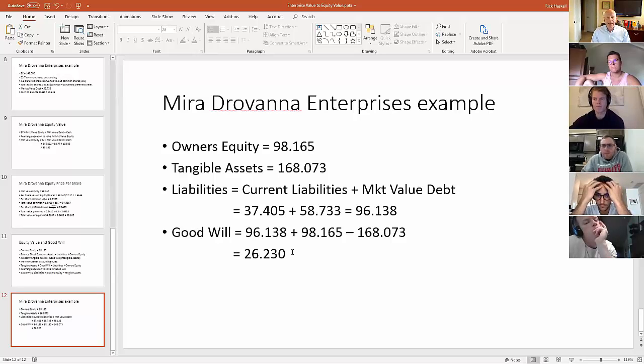Why wouldn't I just go out and, instead of buying Malmstrom Enterprises for $300 million, if it's got $200 million of assets on its balance sheet, why don't I just spend $200 million and buy its assets from it, or go out and spend $200 million and replicate its assets? Why would I spend $300 million, Victor? The value, No, Megan, go ahead. The value of their goodwill. Well, yes, but why is there goodwill?